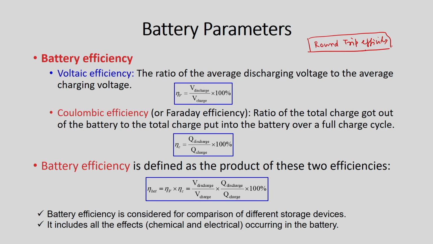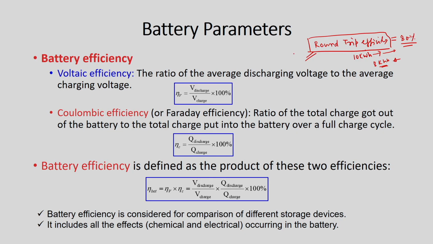Suppose, for example, we are pumping 10 kilowatt hour of energy in a charging process, and we are retrieving 8 kilowatt hour of energy in the discharge process. Then what will be the round trip efficiency? It will be 80%. So, 8 by 10 will be 80%.